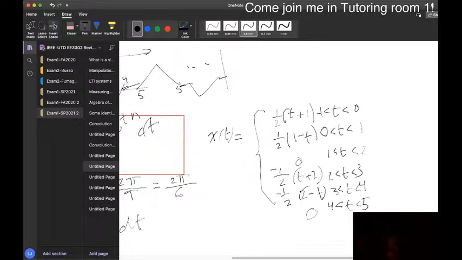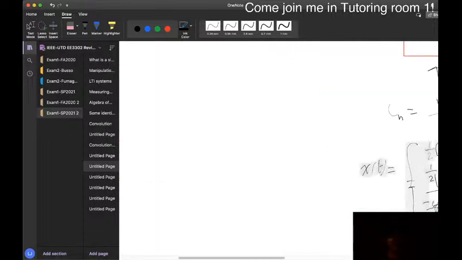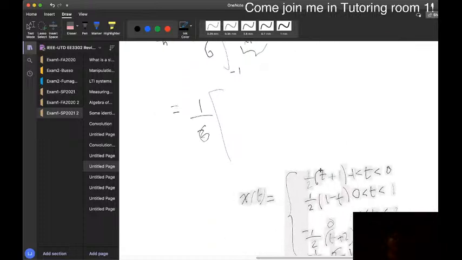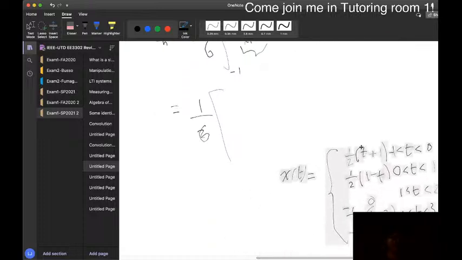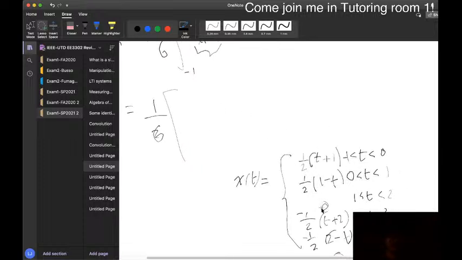let me just move this over. Okay, yeah. So the only things that we have to take care of are these regions where it's non-zero.